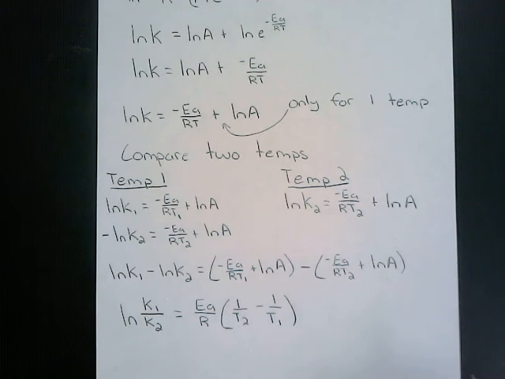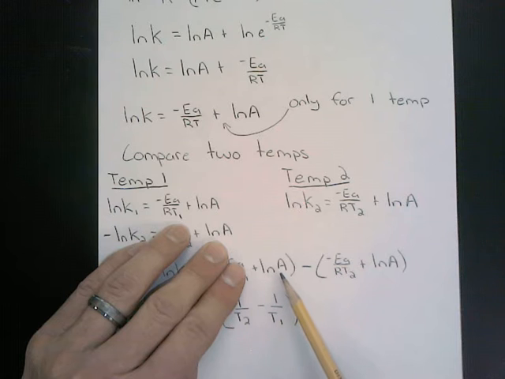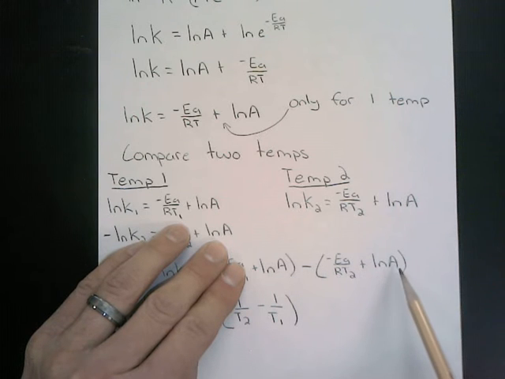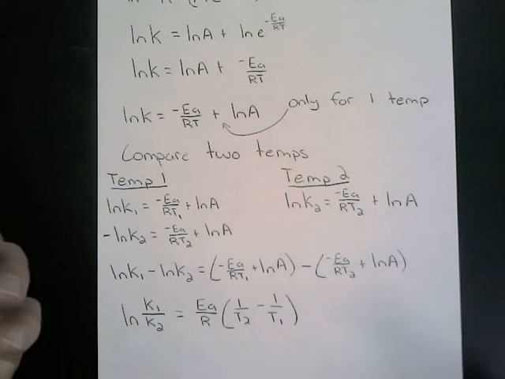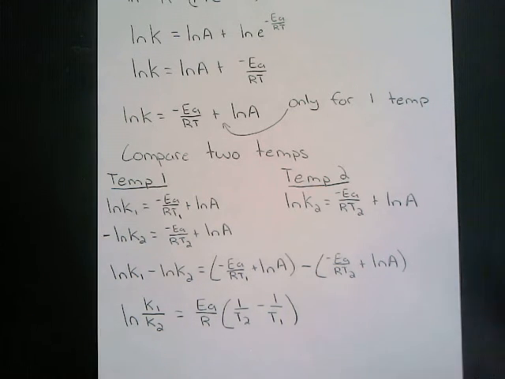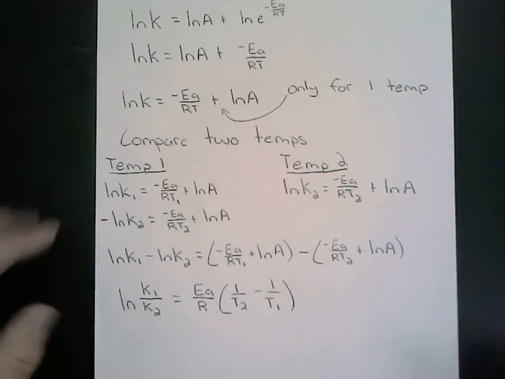Now, our last thing we actually don't include, because think about this. We have a positive natural log A minus natural log A. So we're subtracting one thing from itself. Well, if you do that, you take it away, you make it 0. So in our formula here, we are not going to include this.